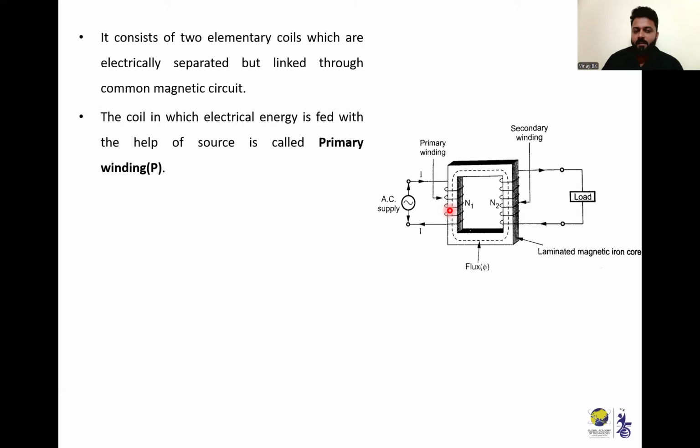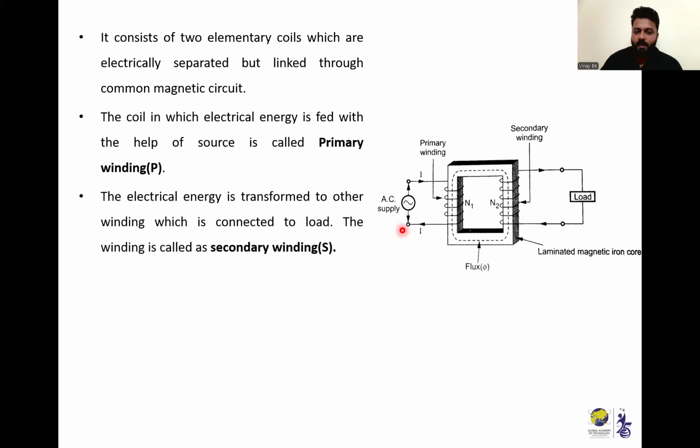The coil in which the electrical energy is fed with the help of a source, we call that the primary winding, denoted by P. The winding which is always connected across the source is the primary winding. The winding which is always connected across the load is the secondary winding, denoted by S. That means the electrical energy is transferred to the other winding, which is connected to the load.